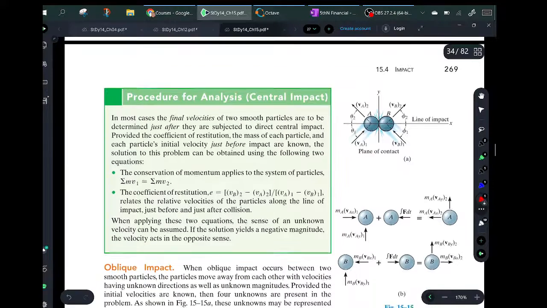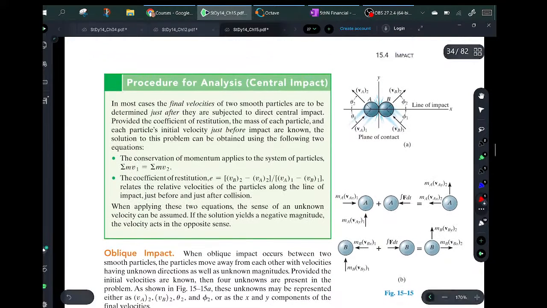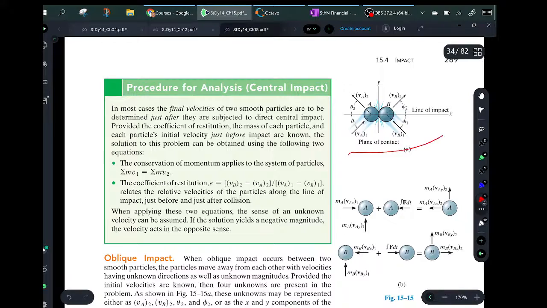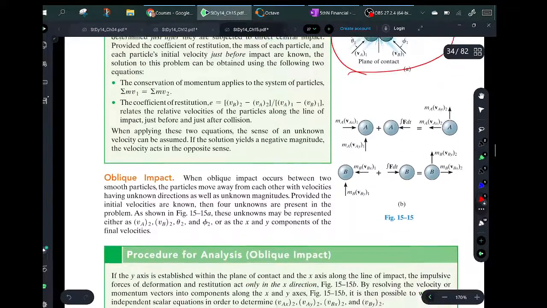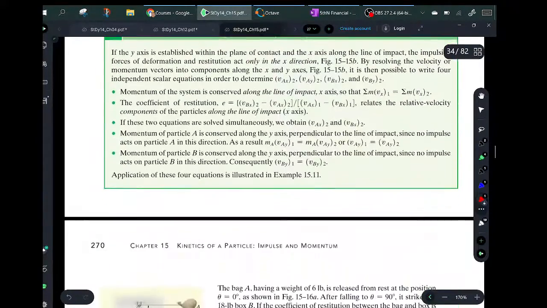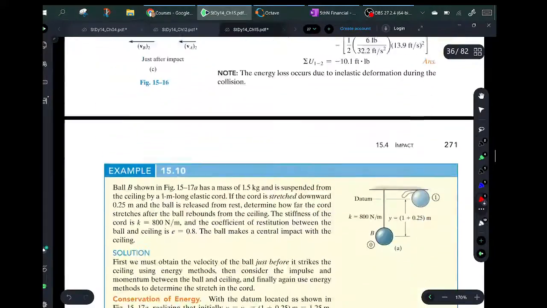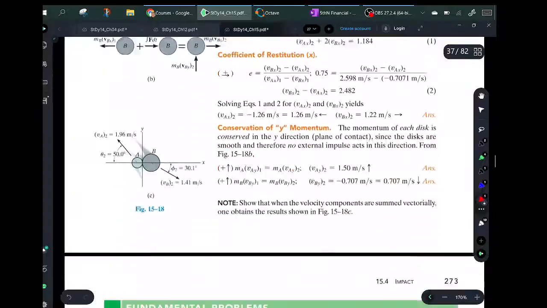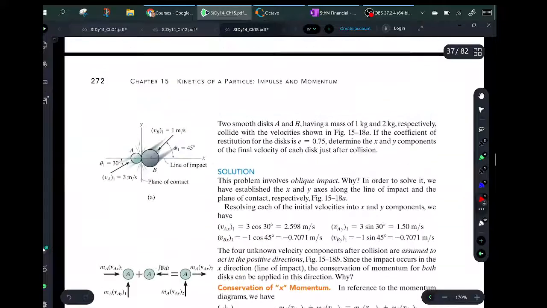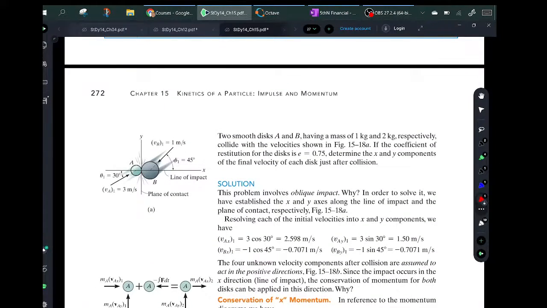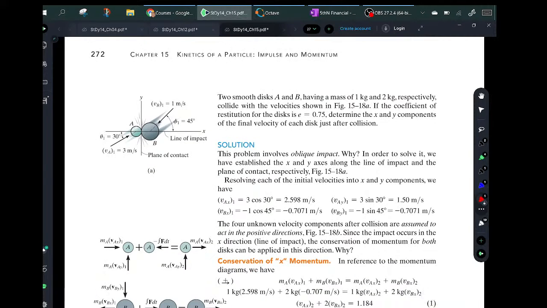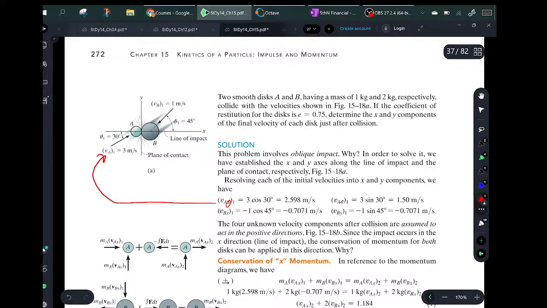So let's go ahead and work a problem here. Okay, so this is something you'll have to do on not just the homework, but on the final. Let me find a problem. Okay, so here's a good example in which you can see he goes in, he breaks down that into its X component and its Y component.